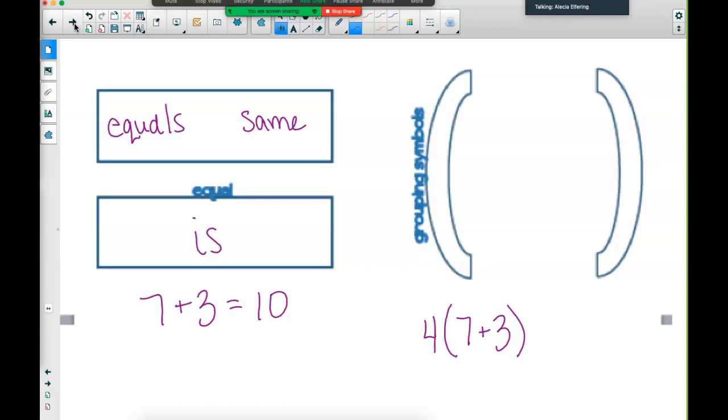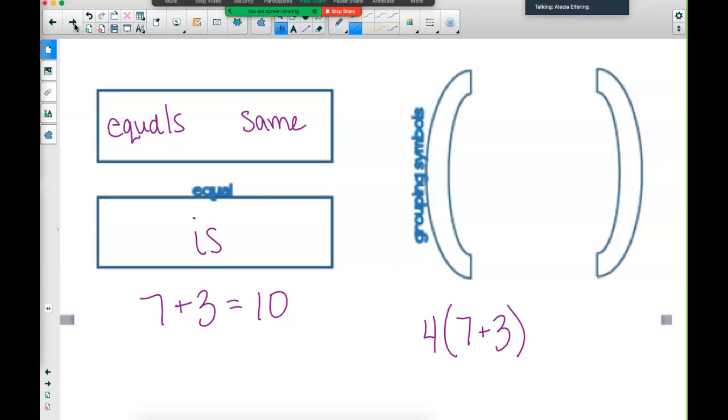That's not correct mathematical language. Now I do read it that way sometimes when I'm saying it in class. But technically, this should be said 4 times the sum of 7 and 3.